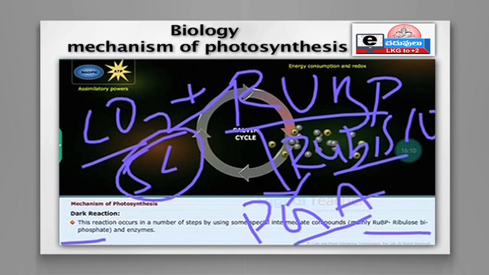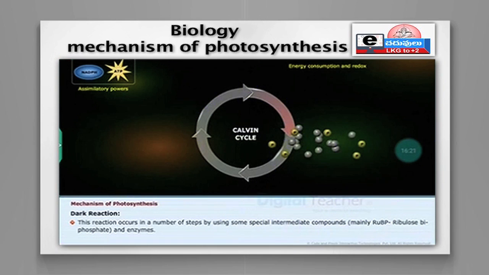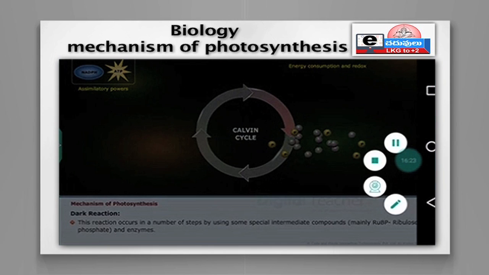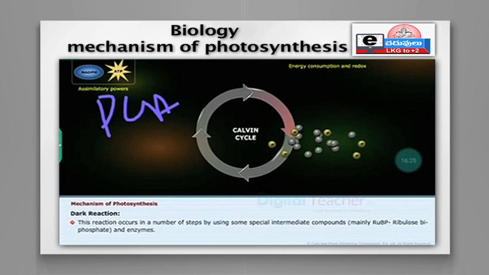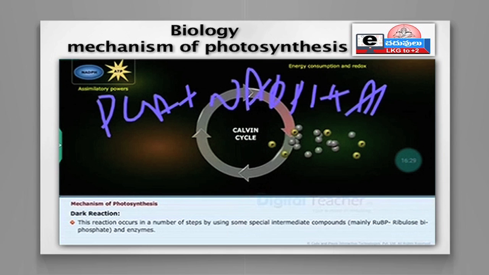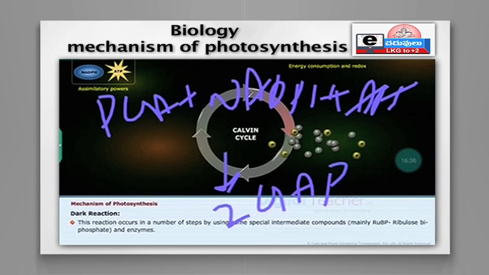Then the phosphoglyceric acid utilizes the assimilatory powers, NADPH and ATP, to be converted into glyceraldehyde phosphate, GAP.